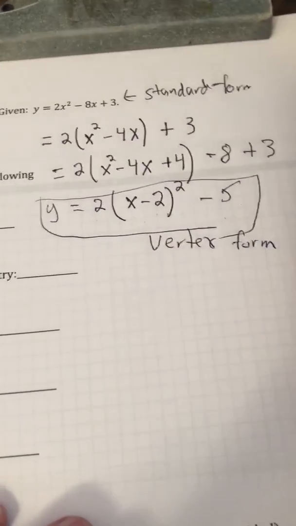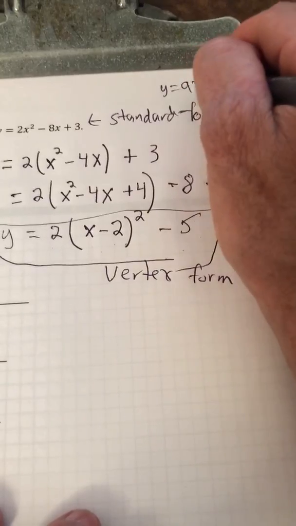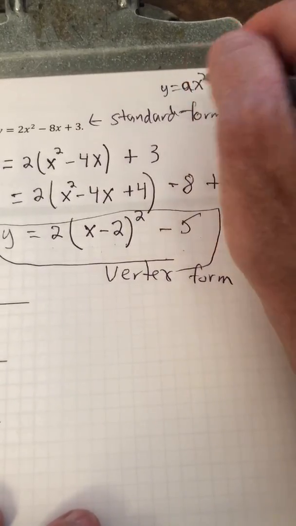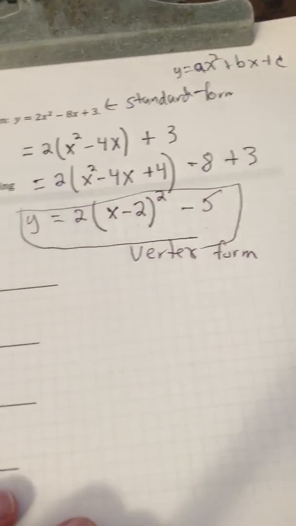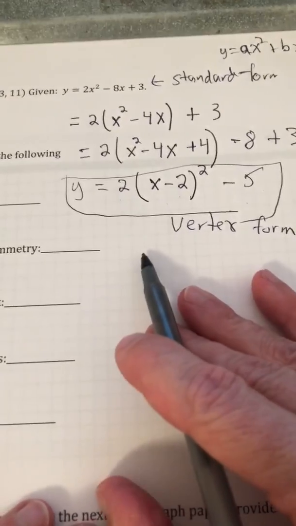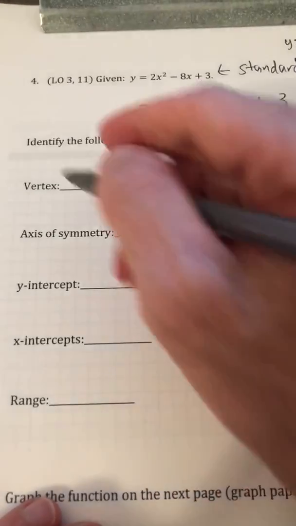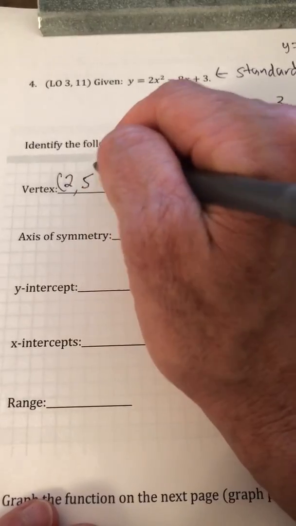Standard form, again, is what? y is equal to ax squared plus bx plus c. Okay, so now that we have this in vertex form, the vertex is the ordered pair, what? 2, negative 5.